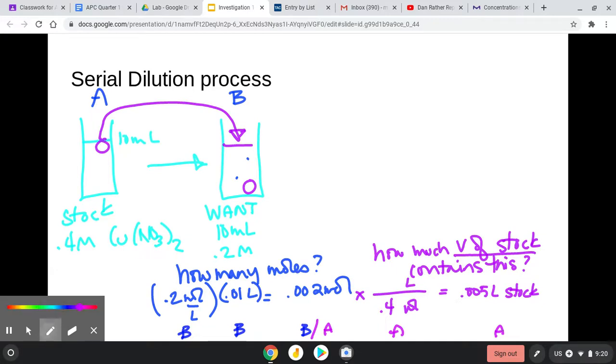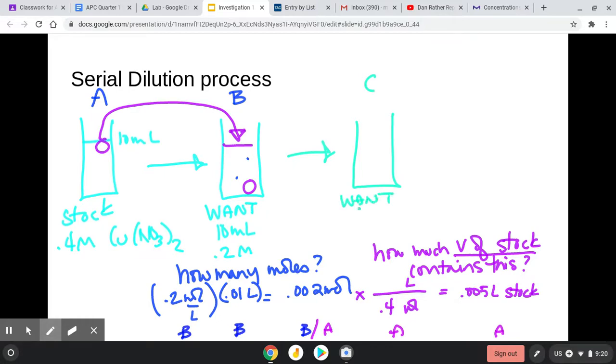Now on the next one, we're going to want another solution. We'll call it solution C. And what we want here is 10 milliliters at 0.1 molar.